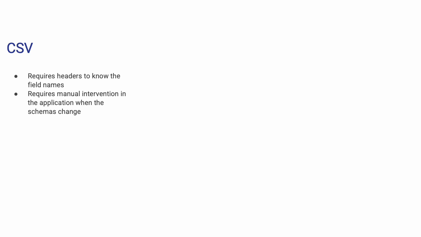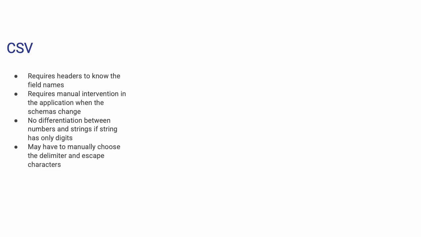And a lot of times when the schema changes, you will have to manually intervene into the code to make it work. There is no differentiation between numbers and strings if the string has only digits, and you have to manually choose what should be the delimiter and what should be the escape characters, because if your delimiter is comma and your column value also contains comma, then you will have to escape them.